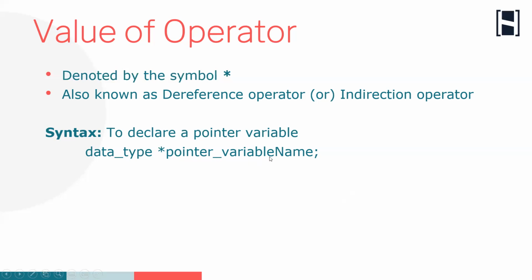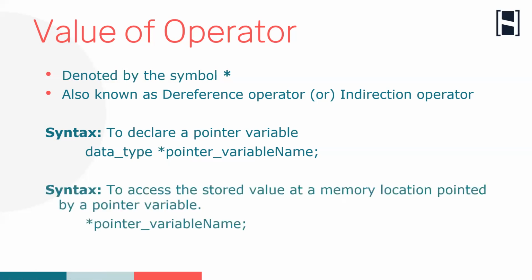Before the variable name, we have to prefix it with the star symbol, the asterisk symbol. This is the first usage of the value of operator. It is used to create or declare a pointer variable, and we just have to prefix the variable name with the star symbol.